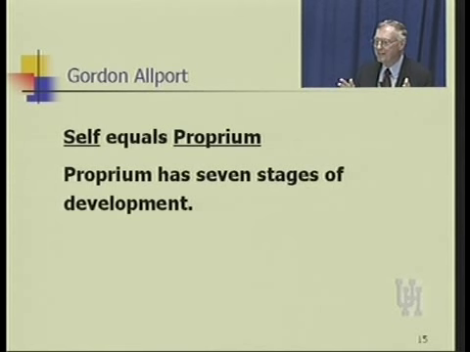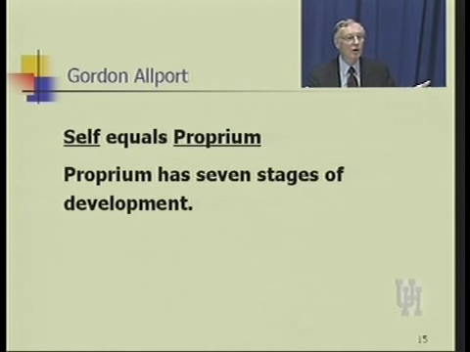But when you read, you will see he talks about the proprium, your proprium. So you want to realize that when we're talking about proprium, we're talking about self. And his definition included things like it meant what is peculiarly ours. And it included all aspects of personality that make for inward unity.